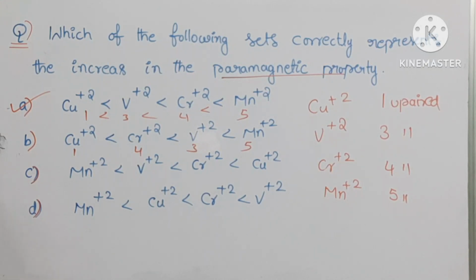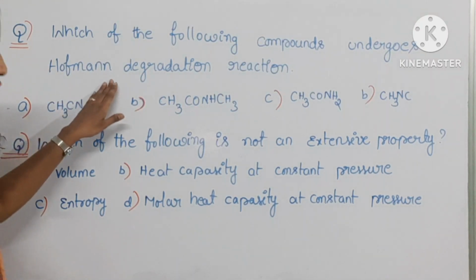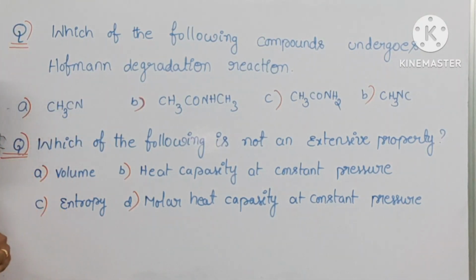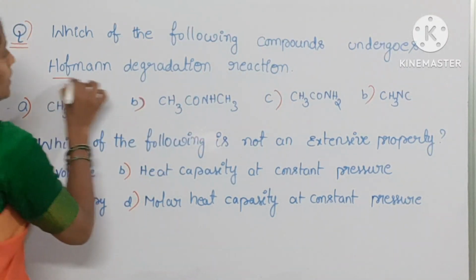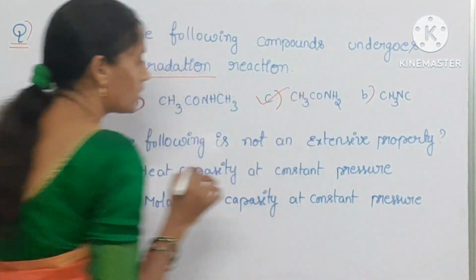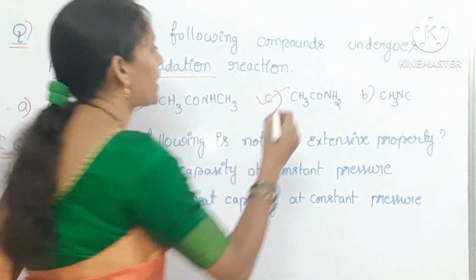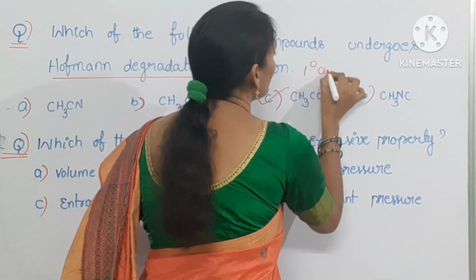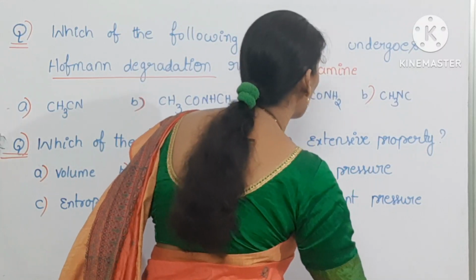Next question. In the next question, you can see which of the following compounds undergoes Hofmann degradation reaction. You will get option C here. Why option C? Because here it is the primary amide.